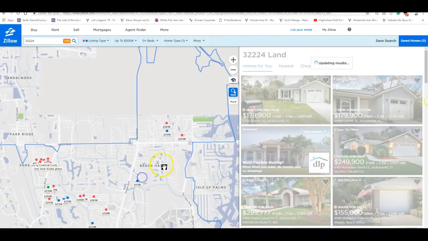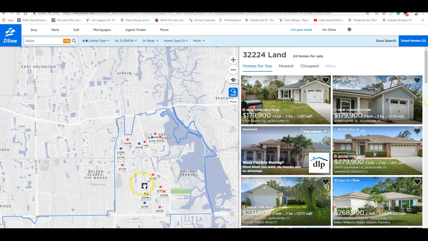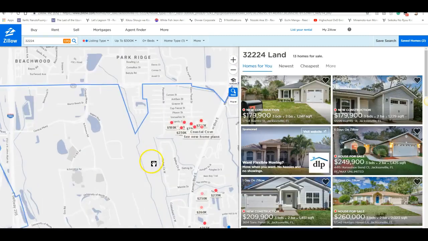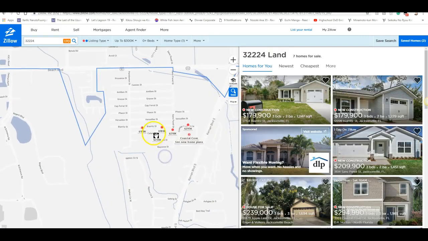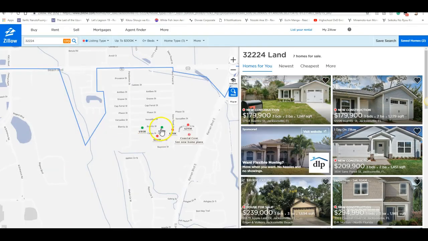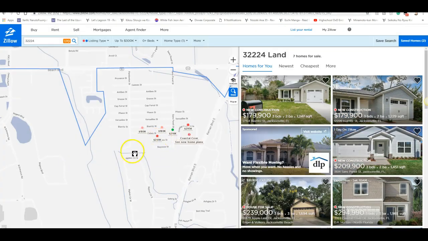This is close to the beach, actually. Let's see. Here's one for 180,000. I don't like that one. For 180, don't like that one. 210, don't like that one.